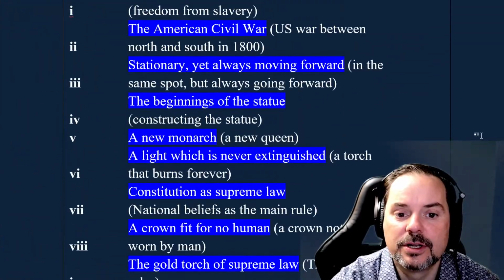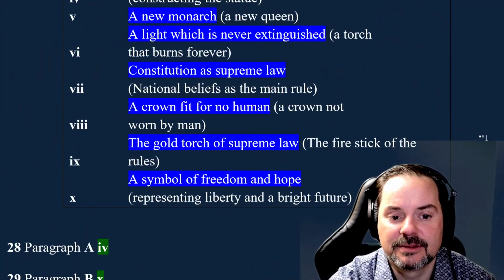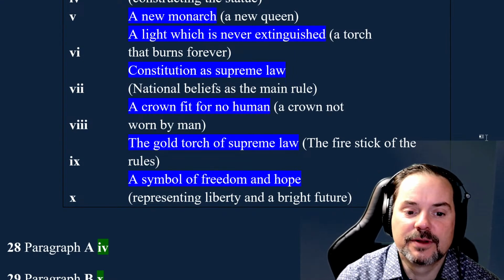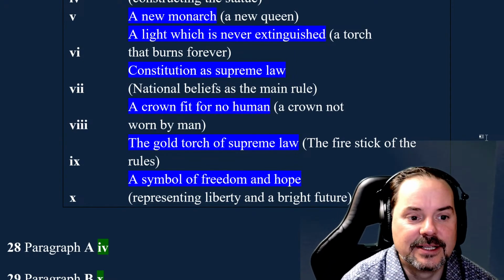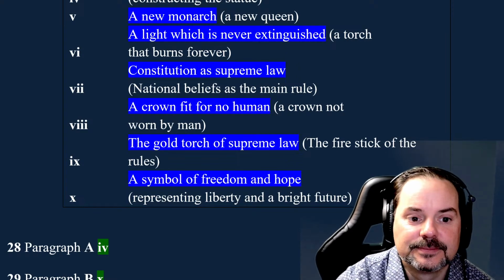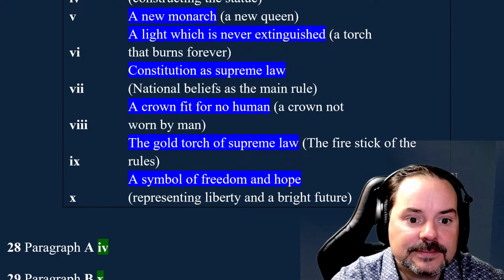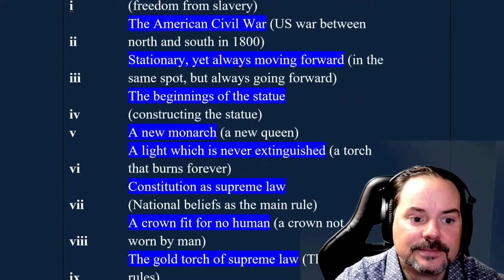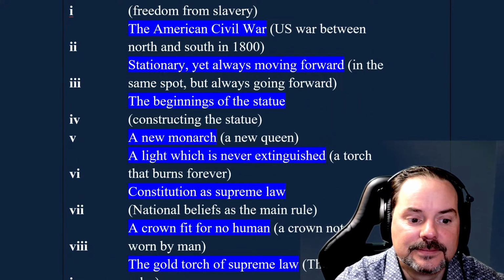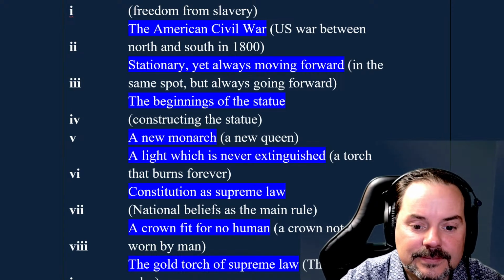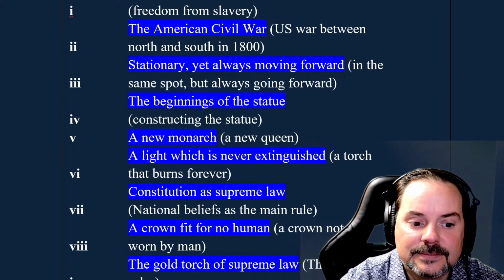Okay, which one of these choices is the correct answer? I cannot see the first one. I cannot see the upper one. Okay.